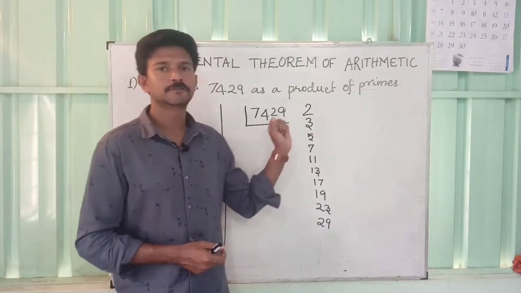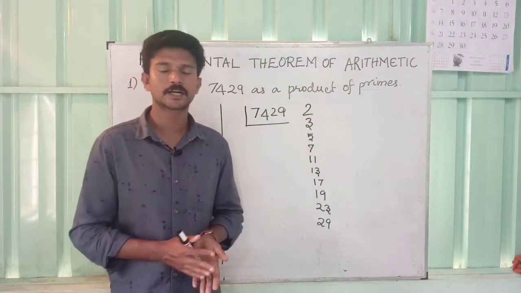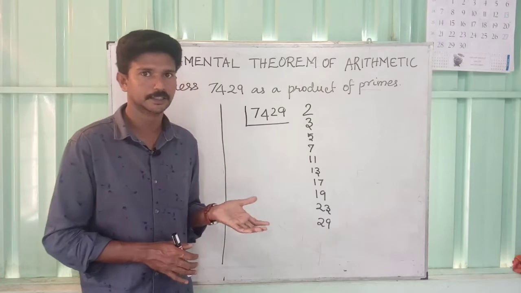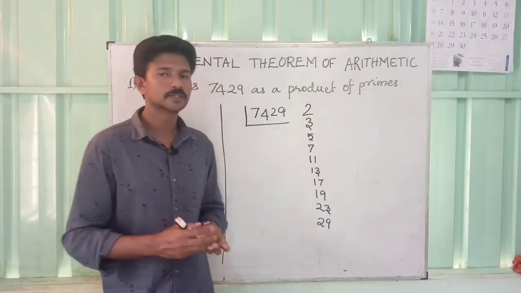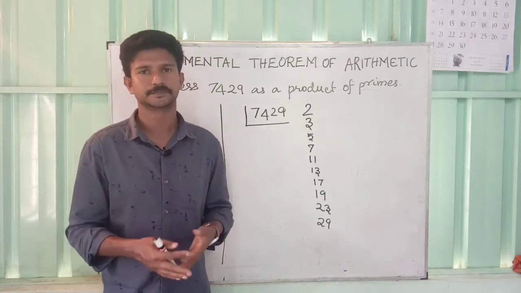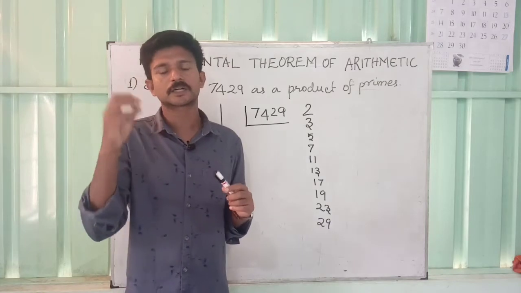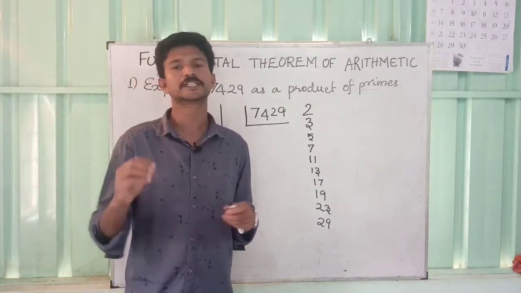First we have to check the divisibility rule. If the rule is satisfied, we can go for the division. Otherwise, don't divide. Don't waste your time. These are all shortcut methods, and the divisibility rules tell us how to do it very simply.